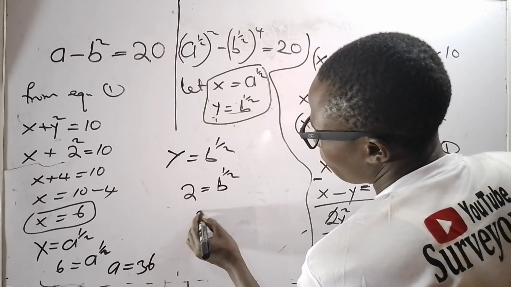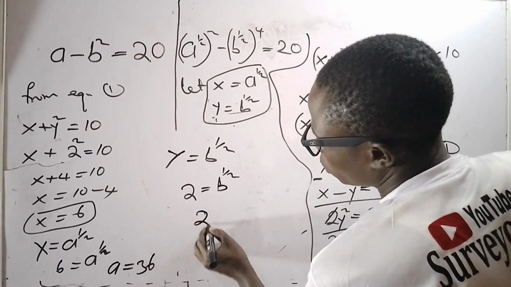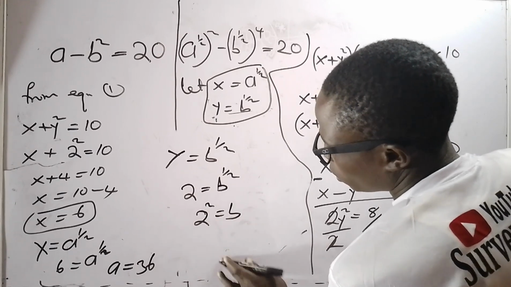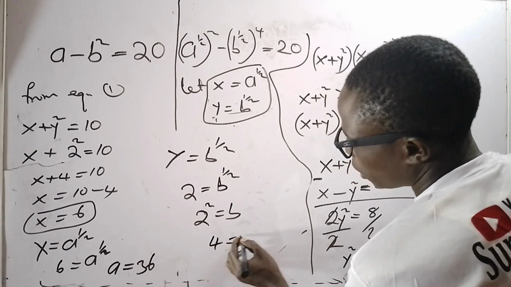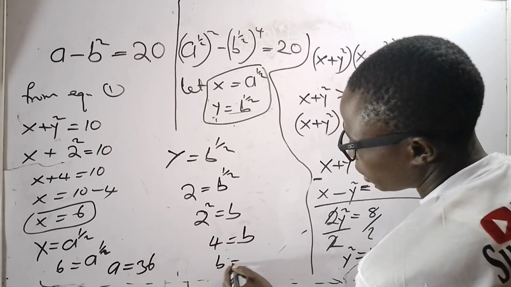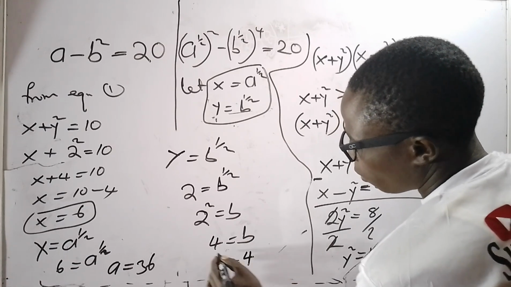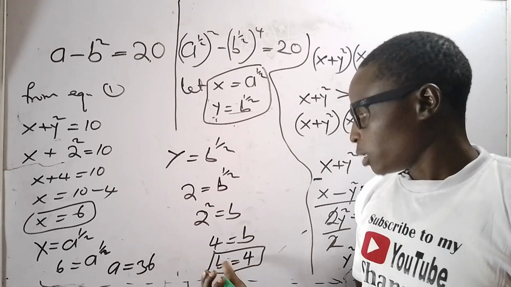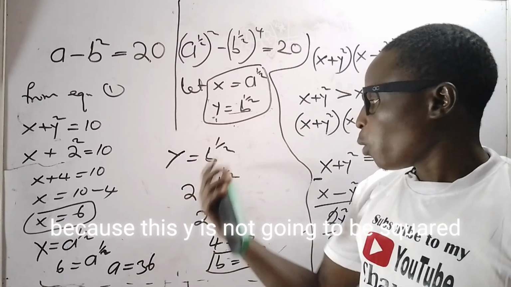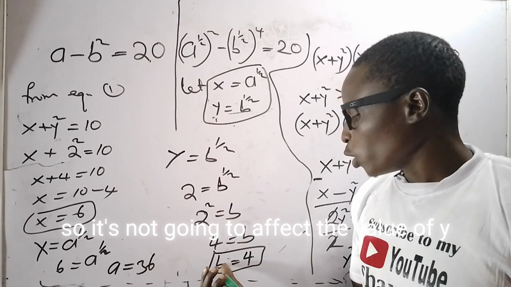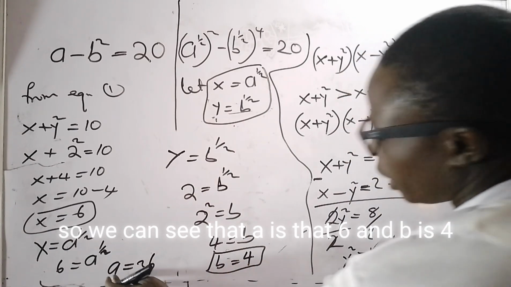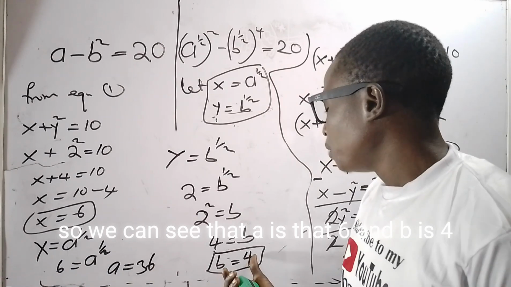So 2 raised to the power of 2, which is 4, is equal to b. So b is now equal to 4. We can see that b is equal to 4 because this y is going to be squared, so it's not going to affect the value of b. So we can see that a is 36 and b is 4.